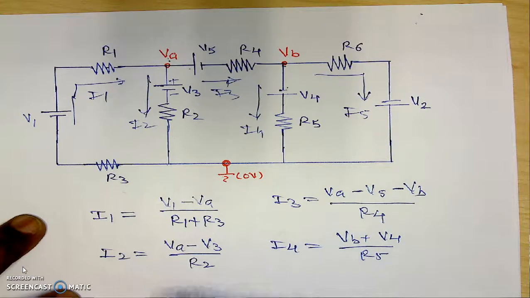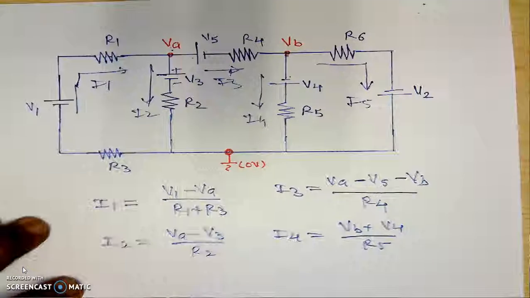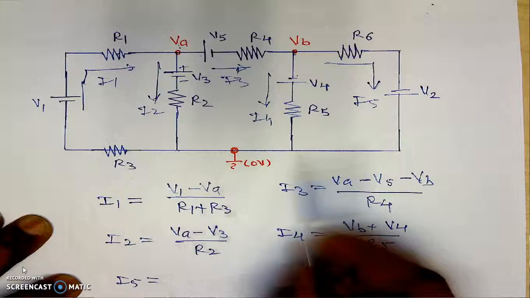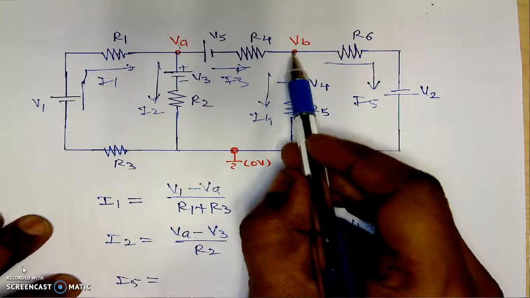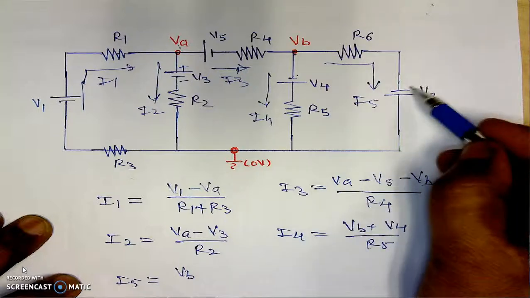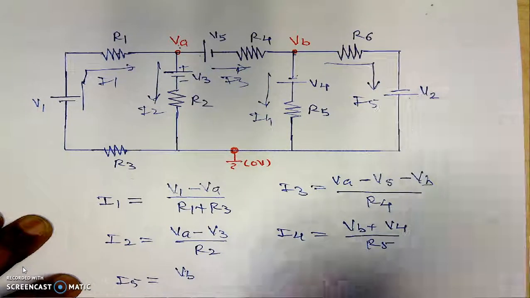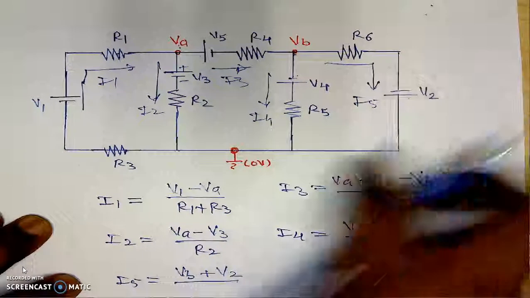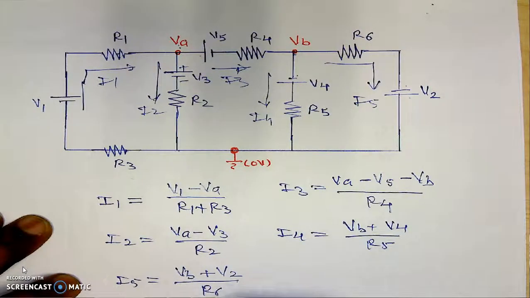Now how to calculate the current I5 in this case? If we are finding the value of the current I5 here, we are calculating this current. Here, VB is the potential. Then for battery, we are traveling from negative to positive, that's why it is a plus V2, divided by resistance of this complete branch, which is R6.